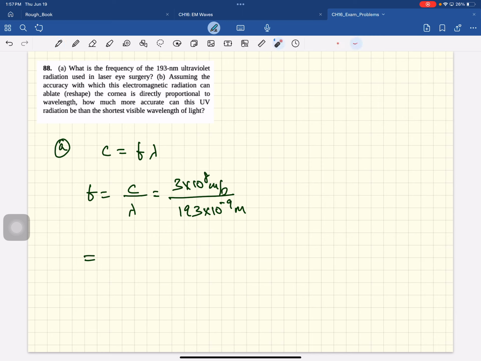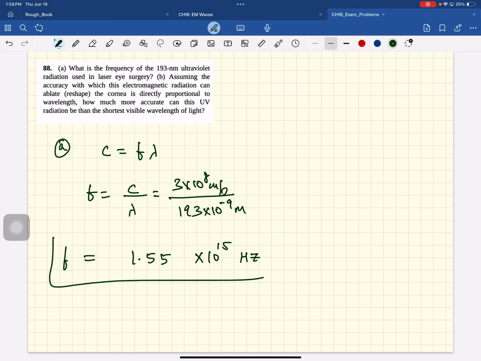So what we'll do is we'll borrow 2, we'll make it 300 divided by that. That's 10 to the 6, and that coming up there, we'll make it 10 to the 15 hertz, and 300 divided by 193. So 1.55.